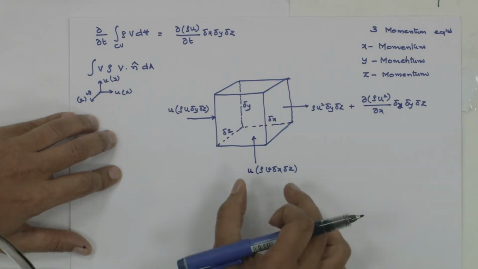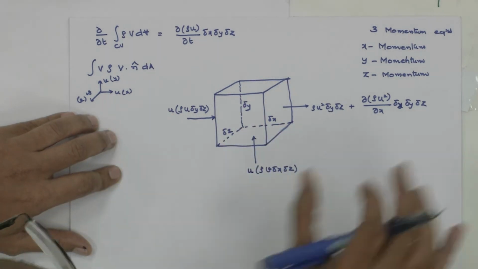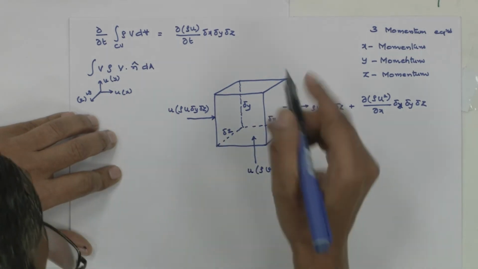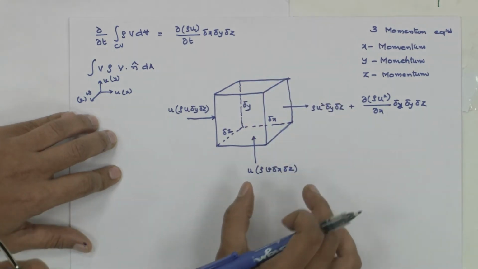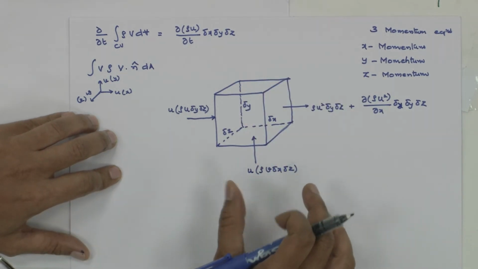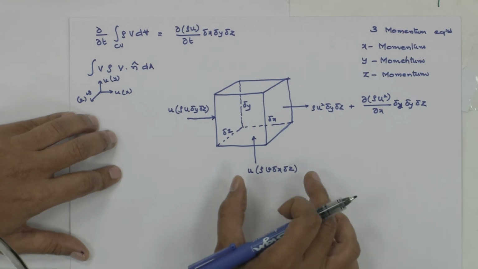Done. If this is done, the whole derivation is over, because this is the key in this derivation. So, please alert the students. When you are teaching, you just take a pause, ask the students whether I should take u or v, and explain to them why we are taking u, because we are bookkeeping the momentum in the x direction.